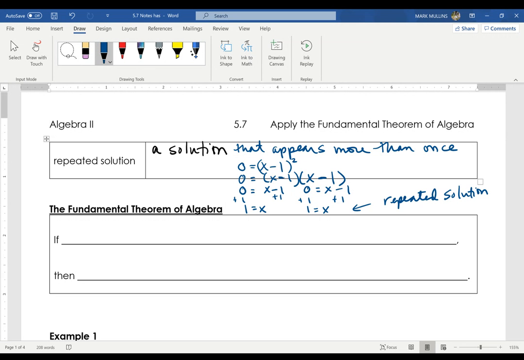So the fundamental theorem of algebra sounds like it's going to be some kind of big, amazing thing, but it's something that you probably had already kind of figured out for yourself. It's almost anticlimactic.